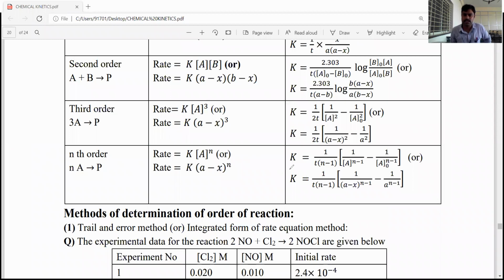For nth order reaction, the rate constant formula is K is equal to 1 by t into n minus 1, brackets 1 by a minus x whole to the power of n minus 1 minus 1 by a power n minus 1, where n indicates the order. If in the n place you take 0, we will get the zero order reaction rate constant.